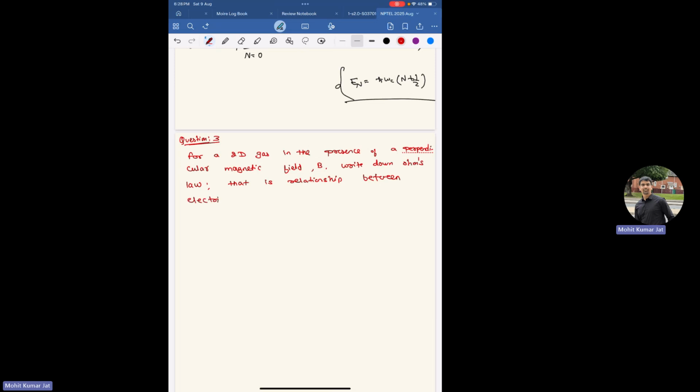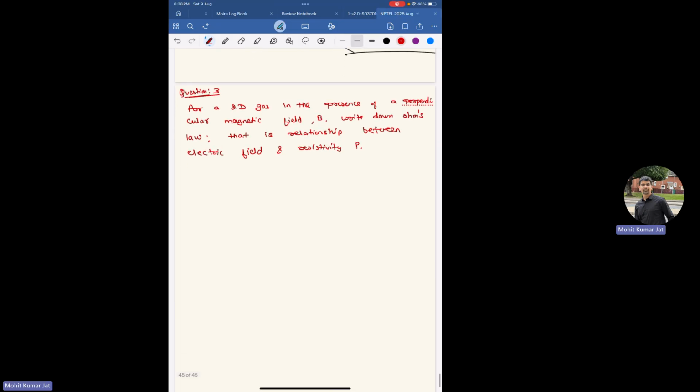Then express the relationship between the electric field E and the resistivity rho as a 2 by 2 matrix, and explain your notations also, whatever notation you use.